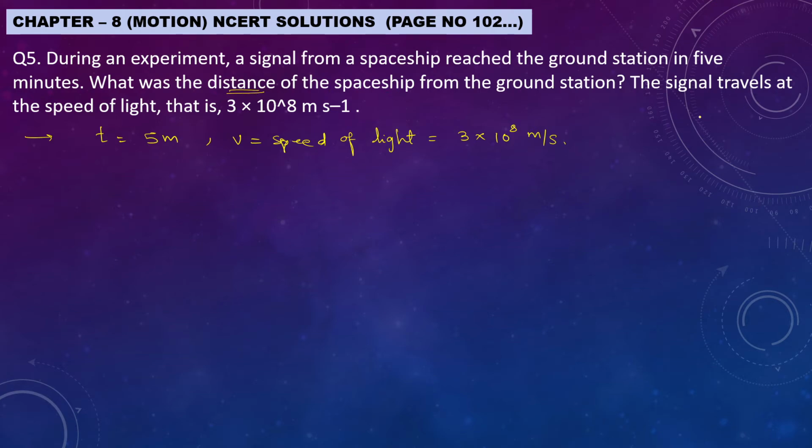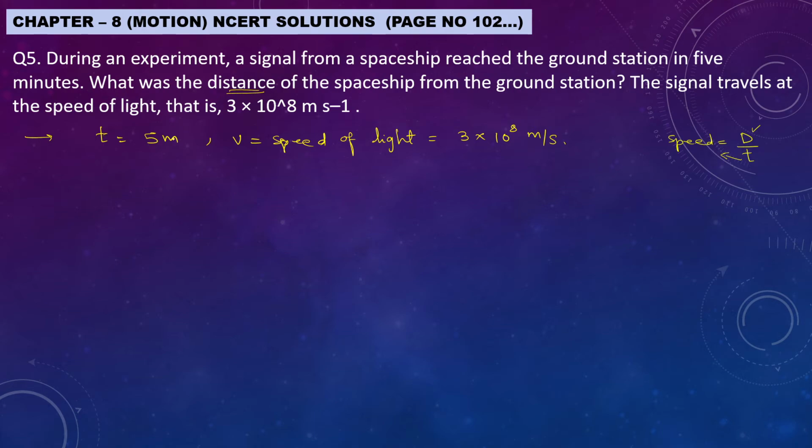Now, you know what is the formula for speed? Speed is equal to distance upon time. Everyone knows that. We have to calculate this distance. So what will be the formula for distance? Time will go on the left hand side. So it becomes speed into time equal to distance traveled. Now one problem is there.